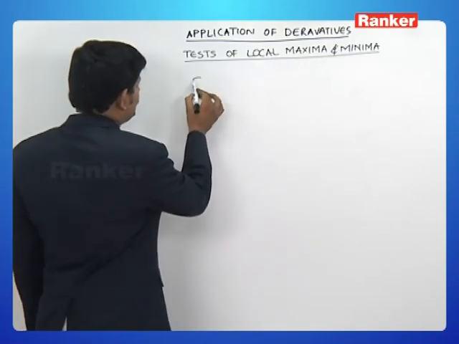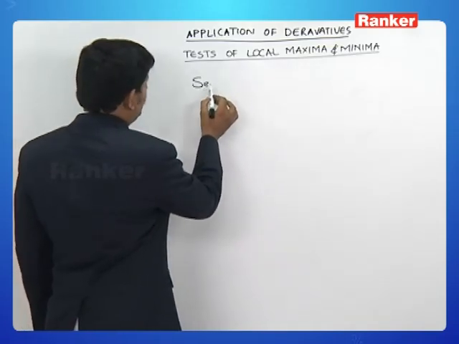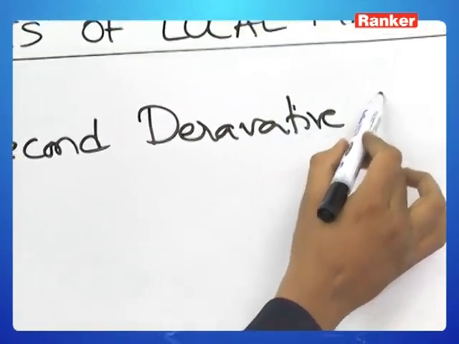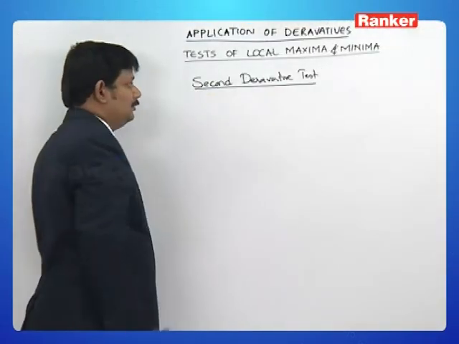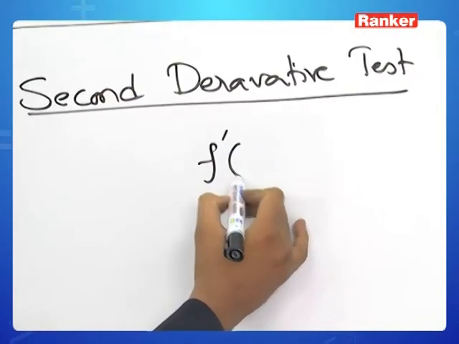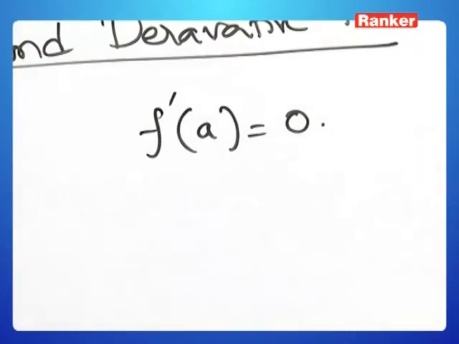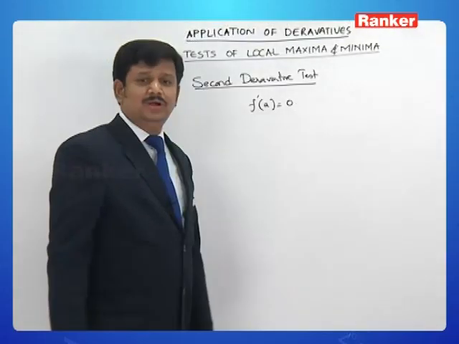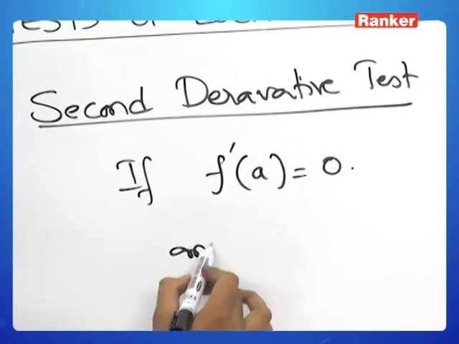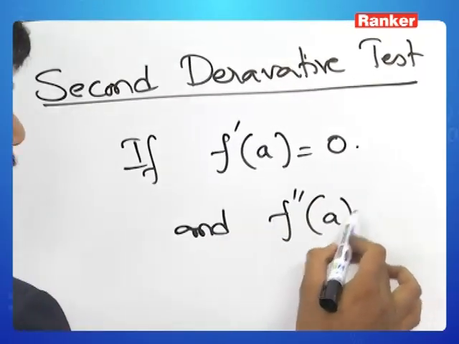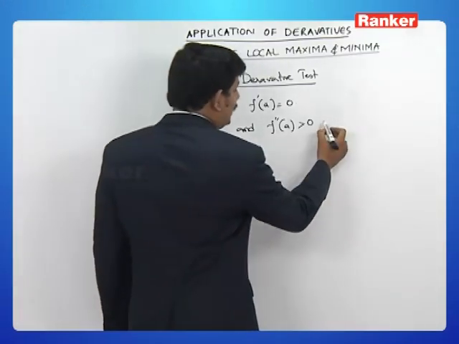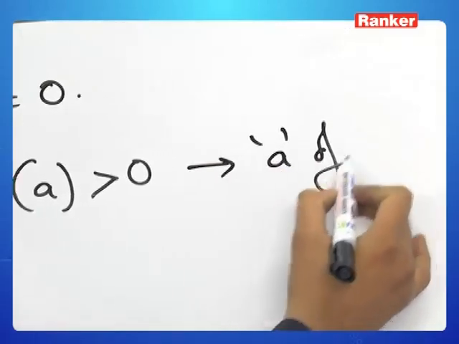Then, we have third test of derivatives for maxima and minima, which is second derivative test. Now, if we have a critical point A where f dash of A is 0, that is a critical point not because of non-differentiability but because derivative is 0, and f double dash of A is positive, then we conclude that A is a point of local minima.